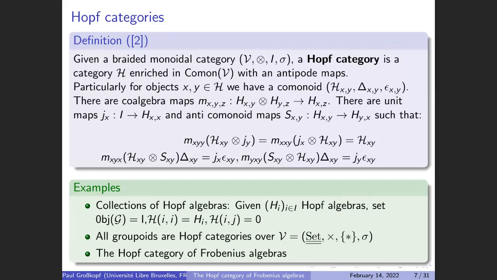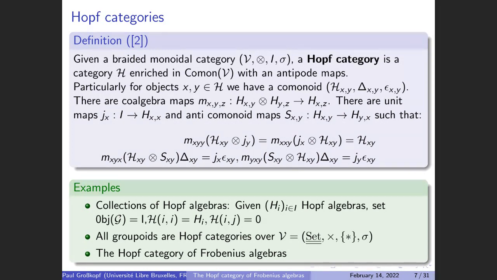So these formulas that are here are much less scary if we see how they came to be. They're the same formulas we used for Hopf algebras, but just also considering where does an arrow start and where does it end. So again, examples, we can just consider collections of Hopf algebras and artificially put them together by putting the zero vector space in between them if we were working over vector spaces.